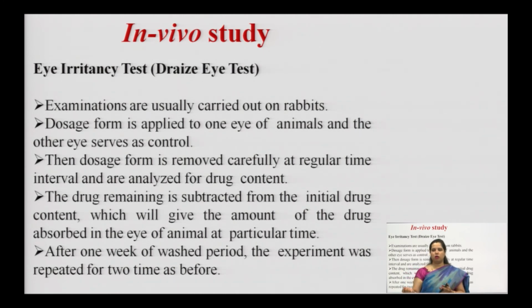We can check the drug present in the ocusert after the therapy, which we have removed after the study, and then we can do the drug content determination. It is very simple to check, as it does not involve any animal sacrifice. So, after 1 week of wash period, the experiment was repeated 2 times as before, right.